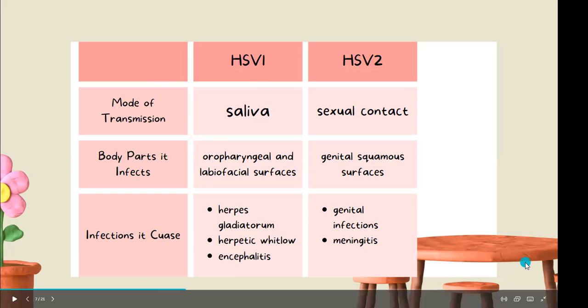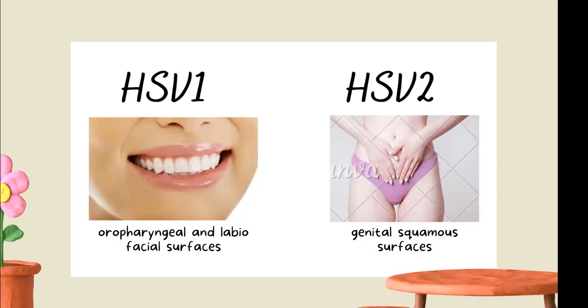A little illustration for you to be able to visualize it more. This is what I mean about oropharyngeal and labiofacial surfaces, near our lips or mouth. And for the genital squamous surfaces, it is already understandable that it infects primarily our genital area.